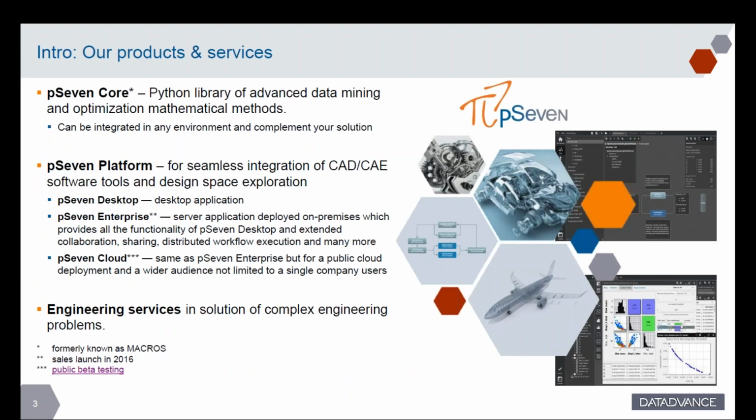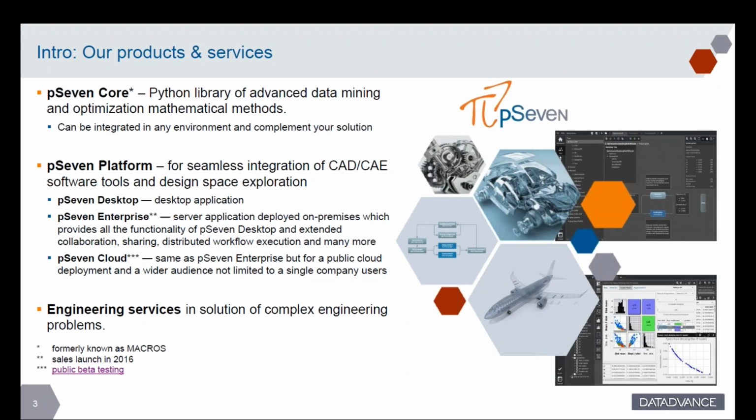Well, let me start with a brief introduction of our company and our product line. Actually, I assume that most of you are familiar with Data Advance, so I will just quickly remind the main points. Our product line contains two software solutions, pSeven Core and pSeven Platform. pSeven Core is a library with Python interface which contains data mining and apps.